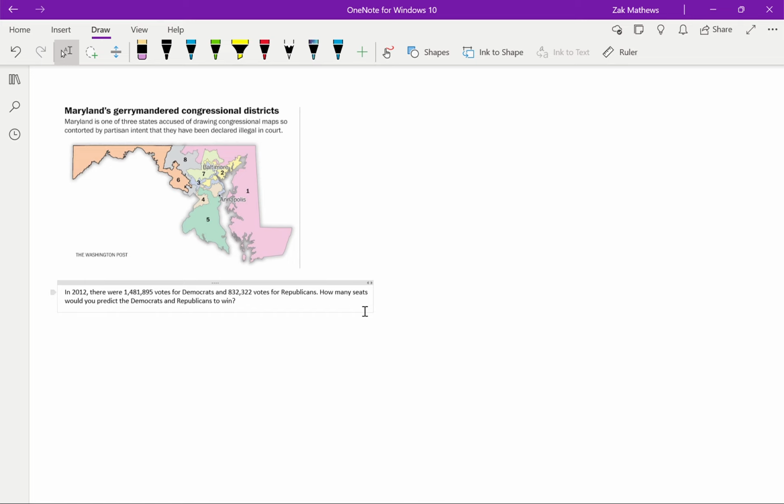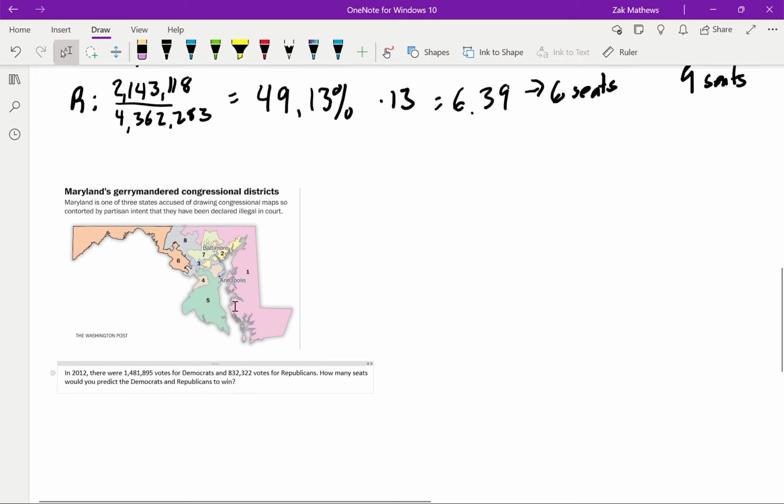If we look at their vote totals, we can see that the Democrats won 1,481,000 votes compared to the Republicans' 832,000. The Democrats won 8 out of 9 seats. That seems a little bit funny given that those two numbers are so close. So let's do kind of the same calculations.